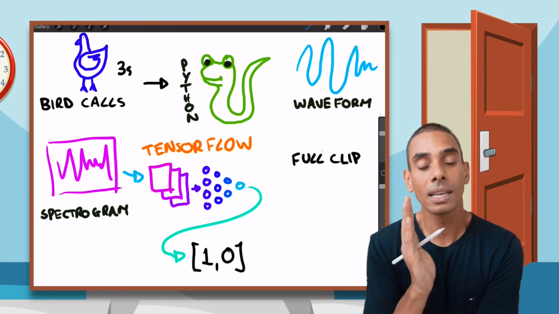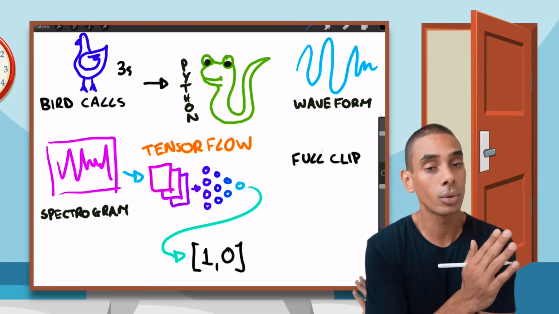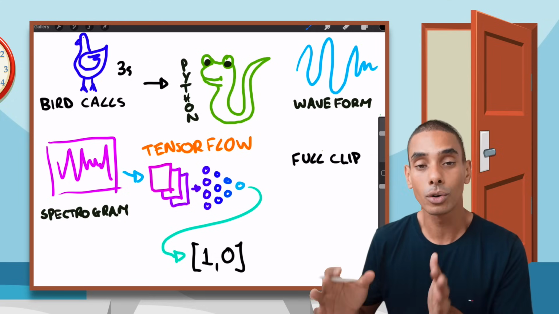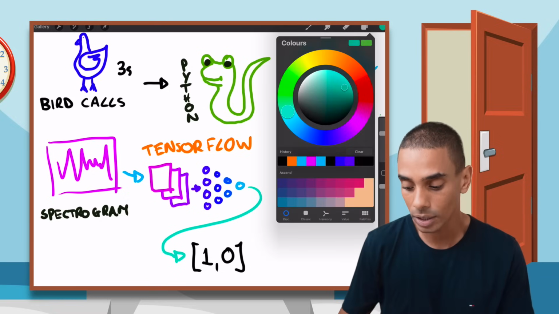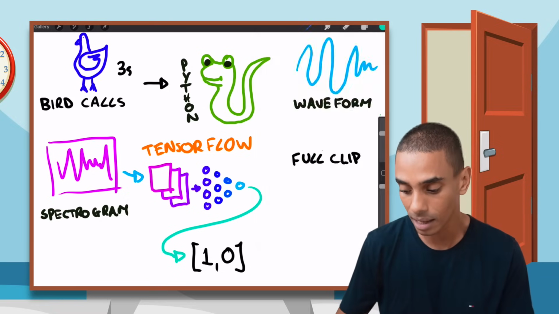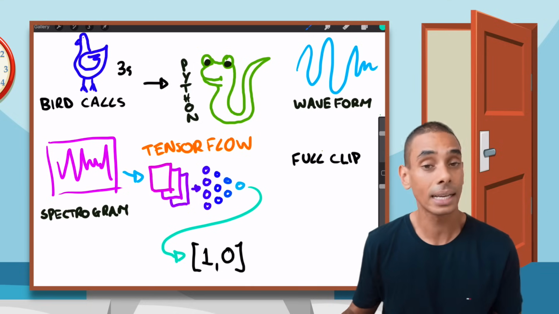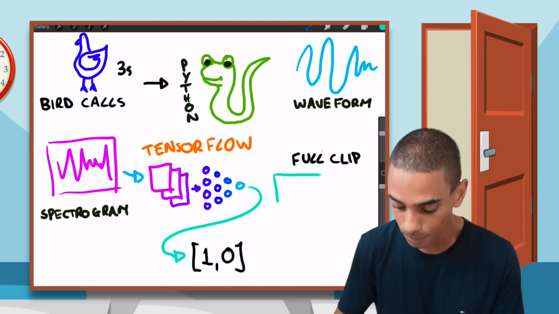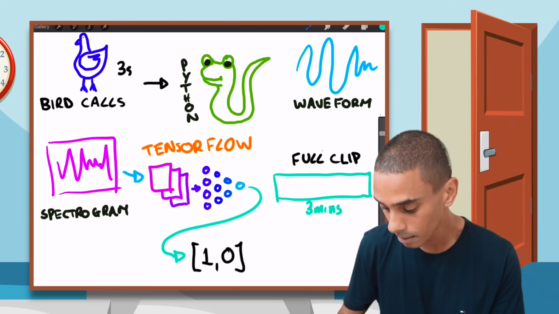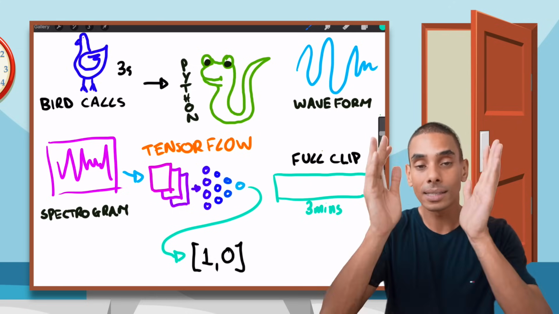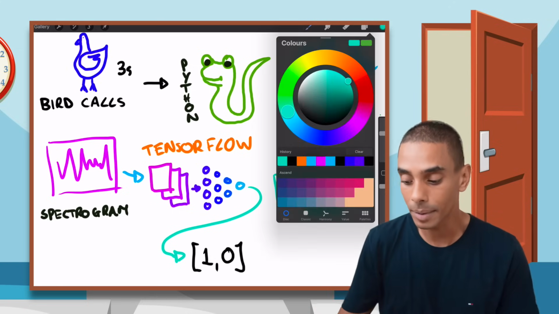Now, the final outcome that Damone wants to get to is the density of bird calls within a particular audio file. The final audio files we're going to get from Damone are going to be slightly longer. Rather than just being 3 seconds, they're going to be 3 minutes each. So if we visualize our full clip as this entire time period, 3 minutes, what we need to do is slice that clip into different segments.